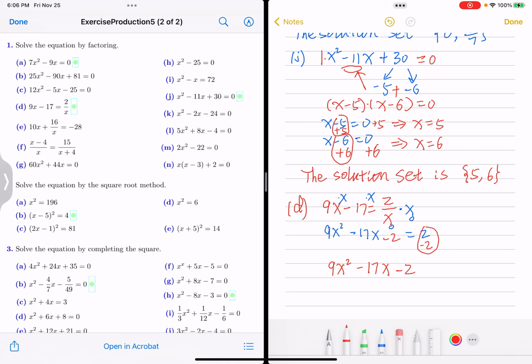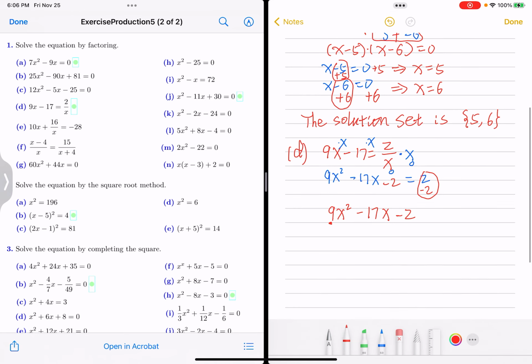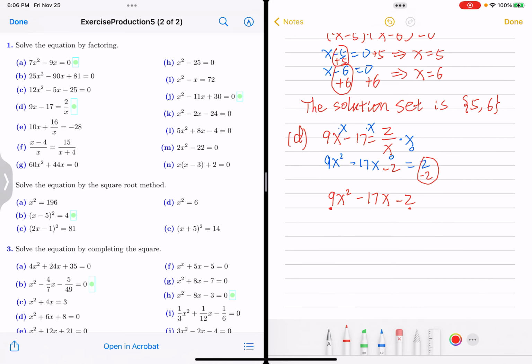Then we need only to break up this number. But here we have a coefficient 9, so we want to break up this number. How to break it up? You may try this maybe a few times. Eventually, you will get that.